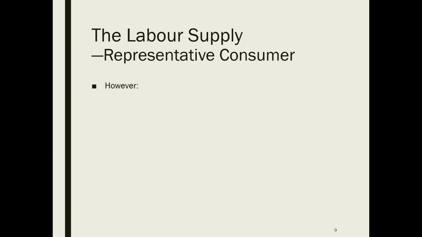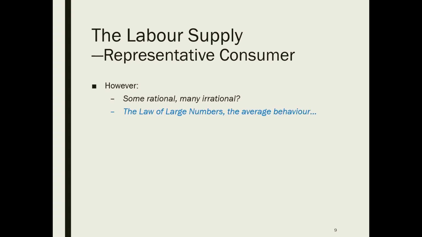It assumes the representative consumer is rational and maximizes utility, but we know that many people are irrational. As a response, the new classical modelers argue that there are stupid people with irrationality, but there are super smart people with super rationality as well.